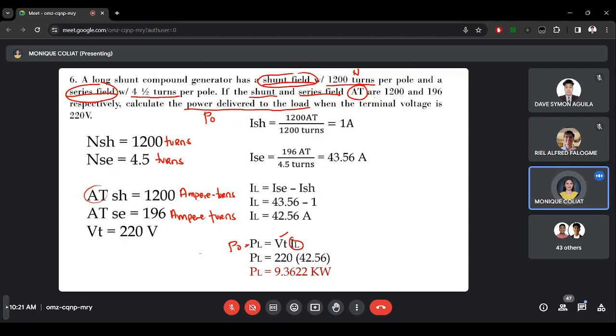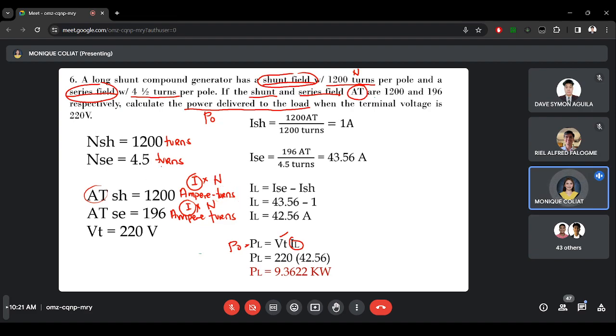So, as you can see, this is in ampere turns. This means this is current times number of turns, right? I times N. So, we have to get the current. What do you need to do? You have to divide it by number of turns so that we can get the ampere or current.